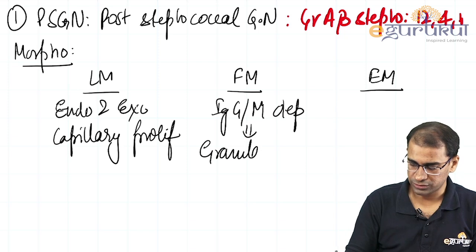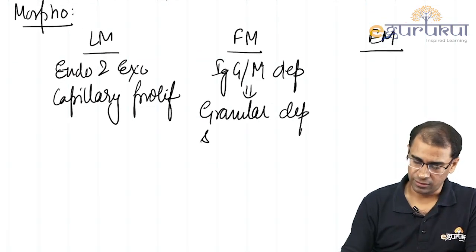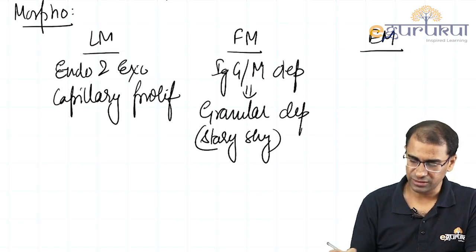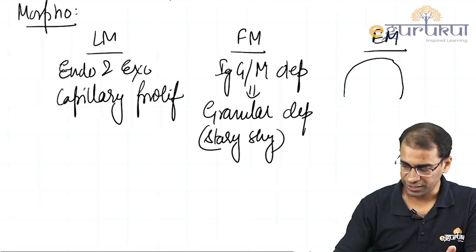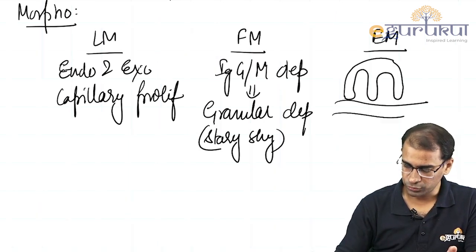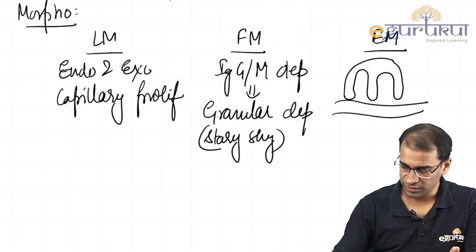These deposits are also called starry sky appearance. In the EM, suppose there is a podocyte, so depositions are seen below the podocytes like this.